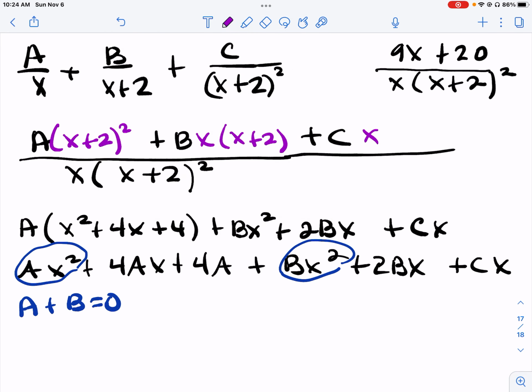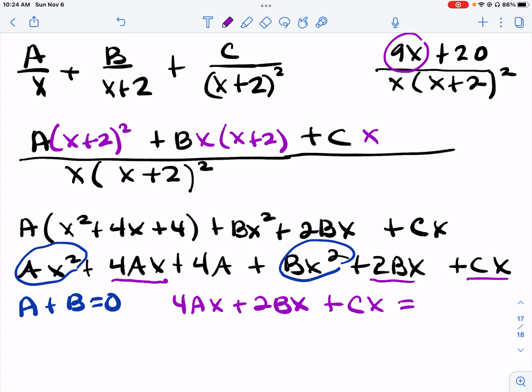Okay, where are x's? 4ax, 2bx, cx. So 4ax plus 2bx plus cx equals 9x. So 4a plus 2b plus c equals 9.